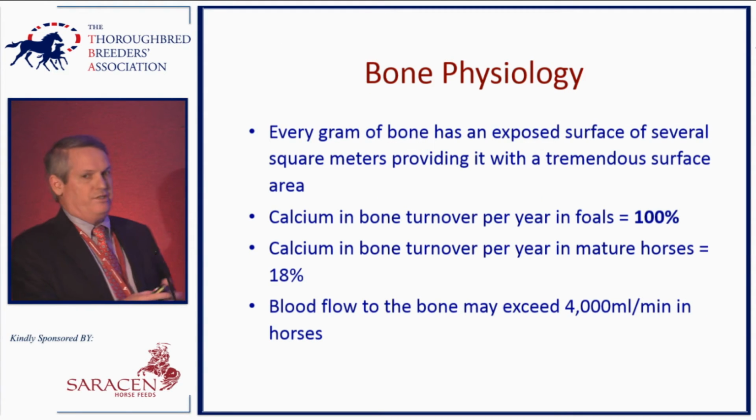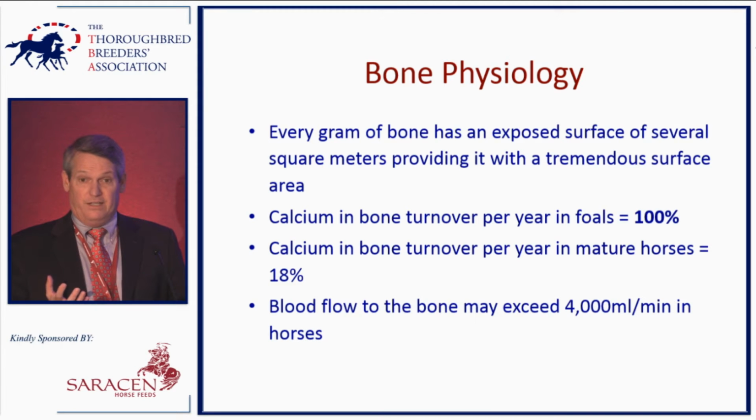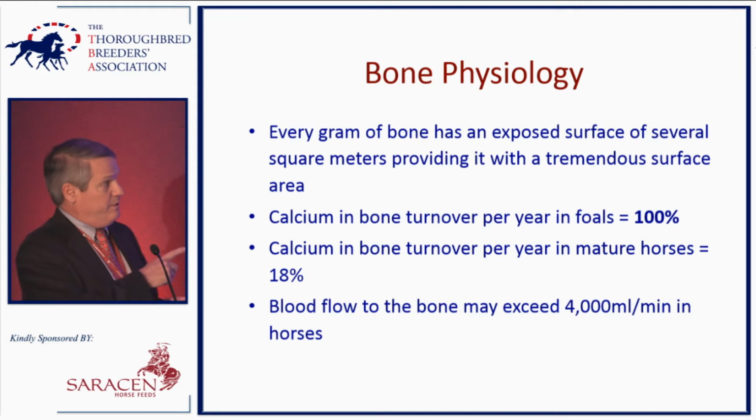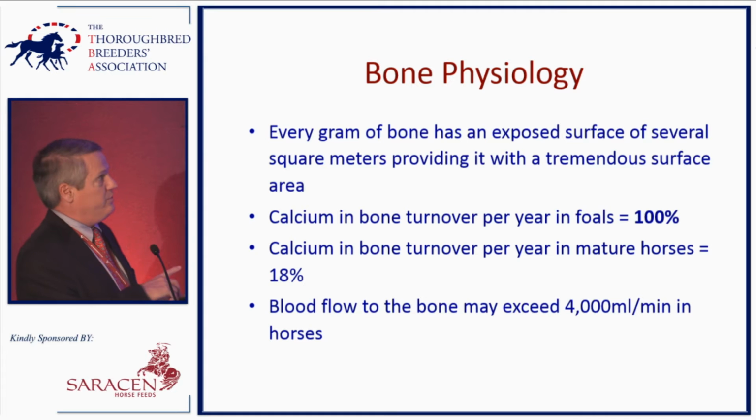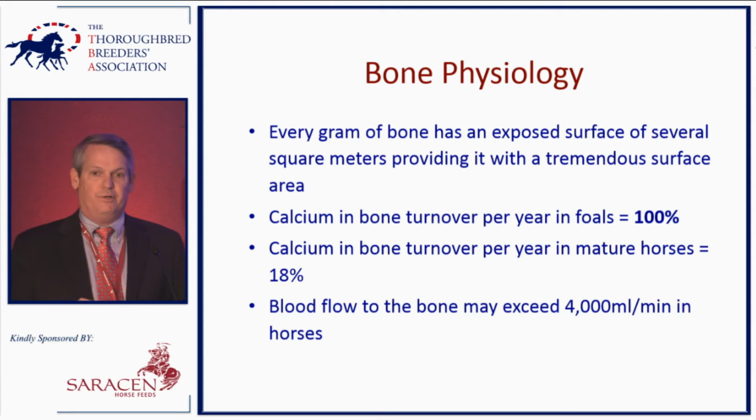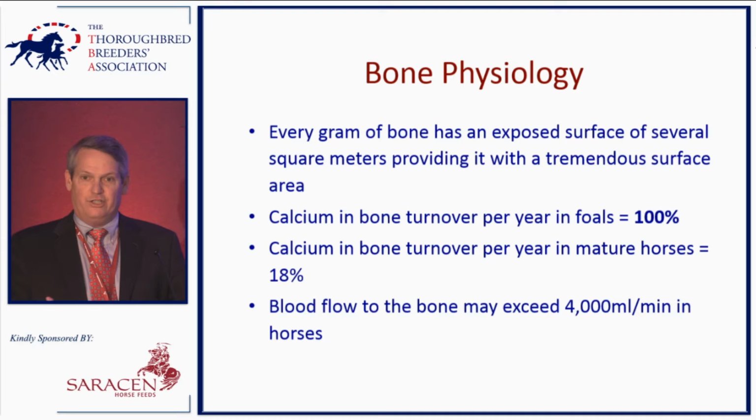I told you that the skeleton is metabolically active, but some of these stats I'm sure are going to surprise you. Number one, calcium in bone turns over 100% in a foal in a year. So all of the calcium in the foal's bone is completely turned over within a year.